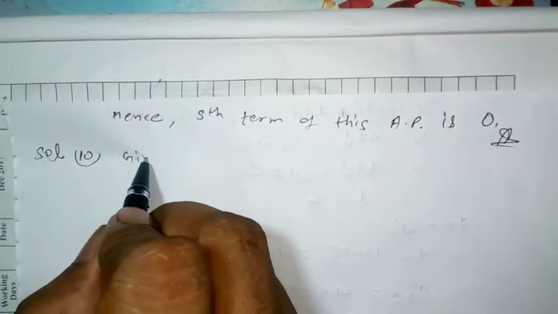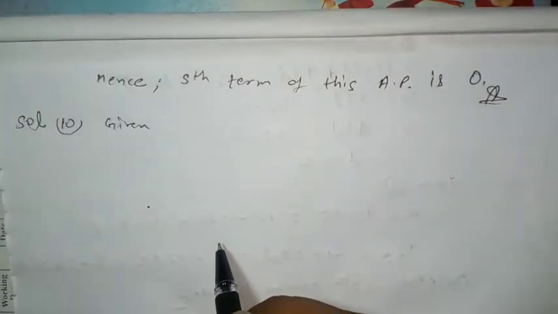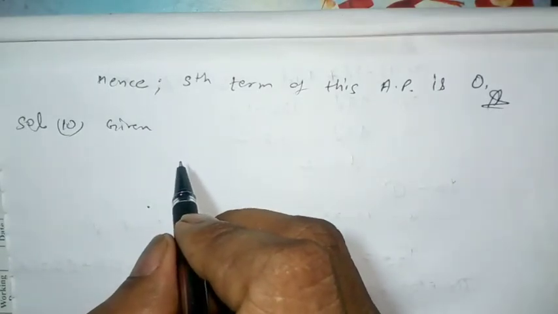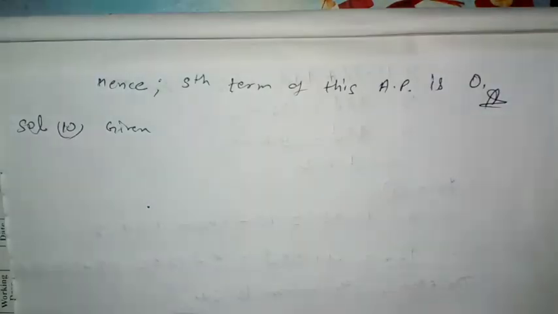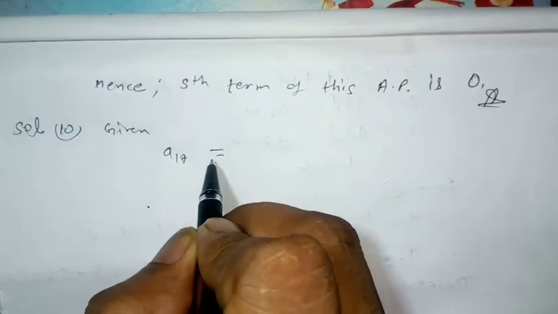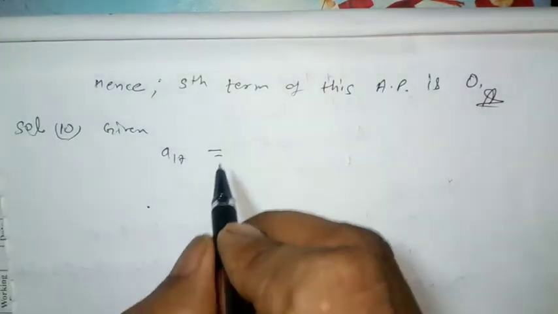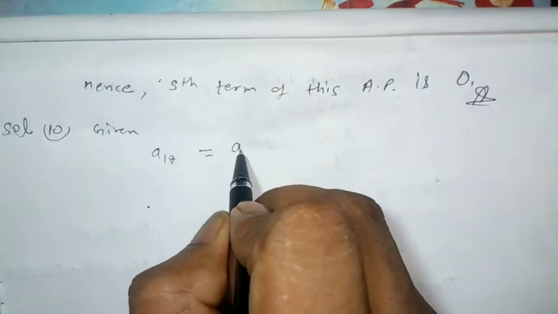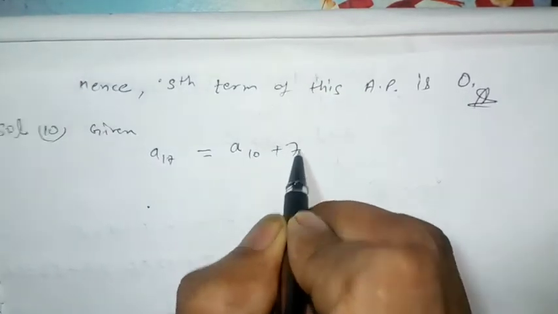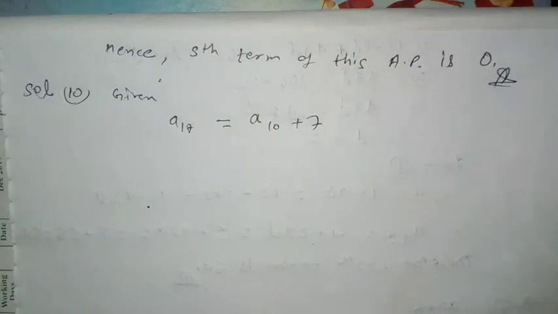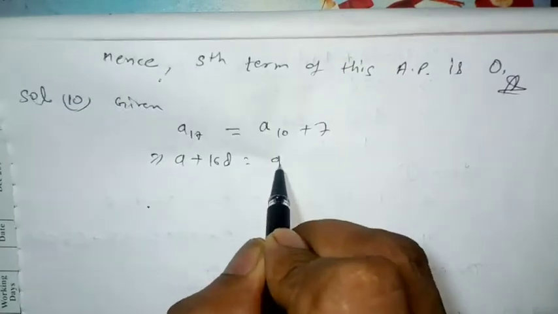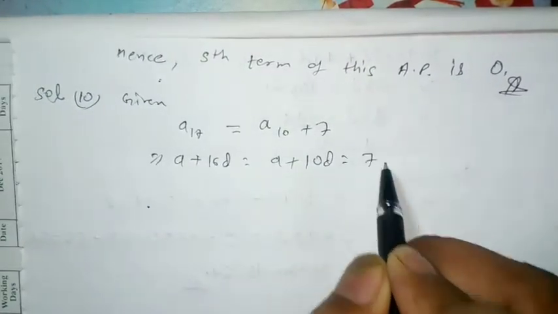Given the 17th term of the AP exceeds the 10th term by 7, it means A17 is equal to A10 plus 7, implies A plus 16D is equal to A plus 10D plus 7.